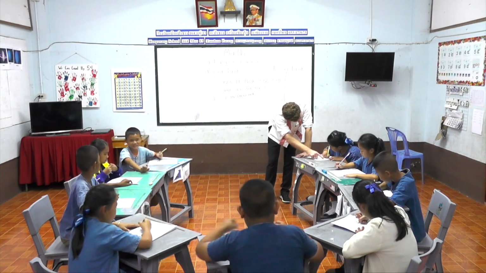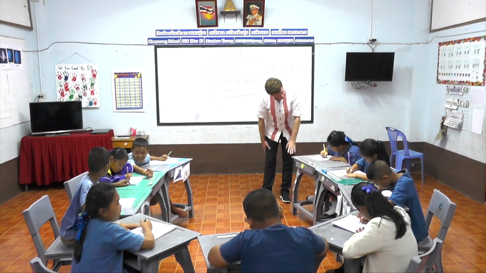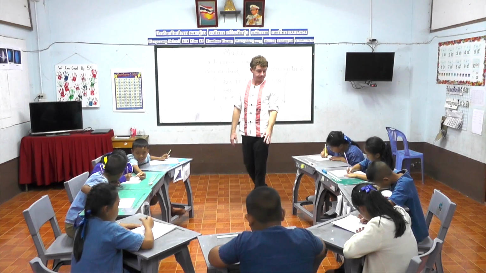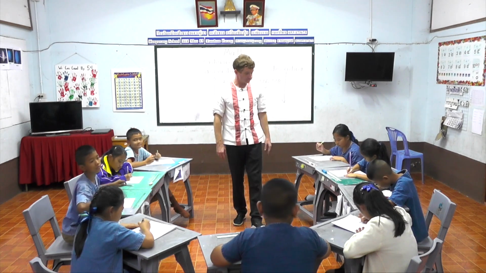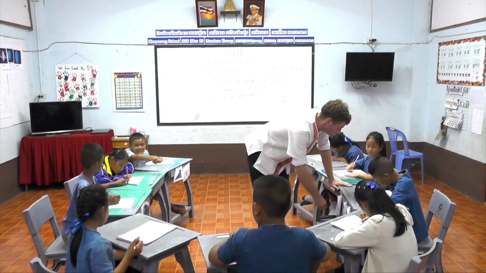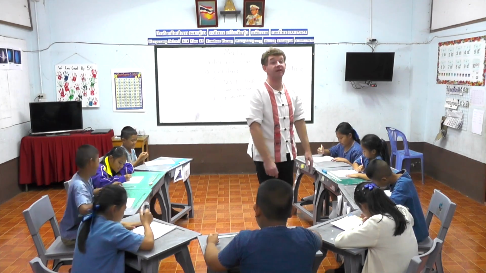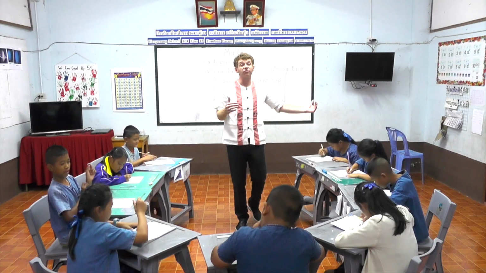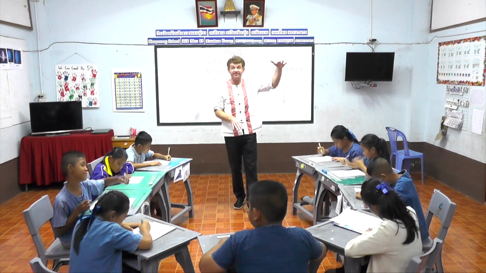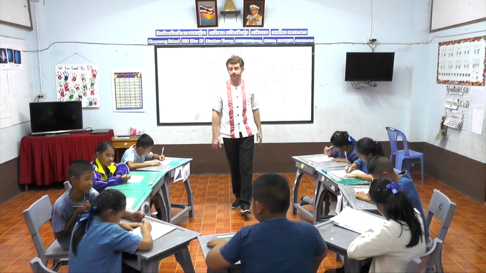So we start small and each time we go bigger. That's what we call ascending order. Bang on, excellent. And then for the second set of numbers, we're asking our students to go the opposite way, descending. Start with the biggest and then move your way down.